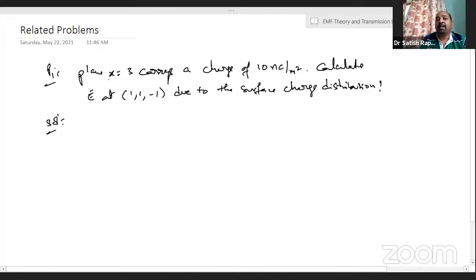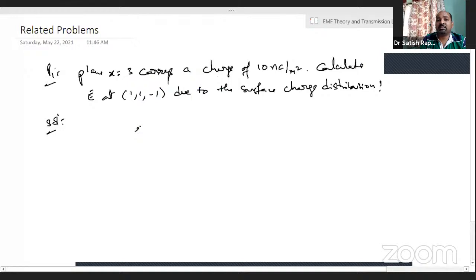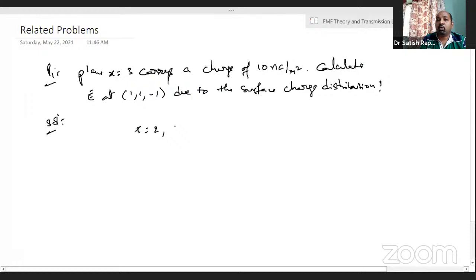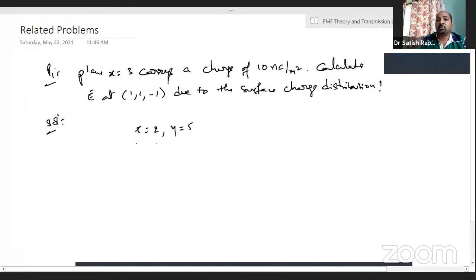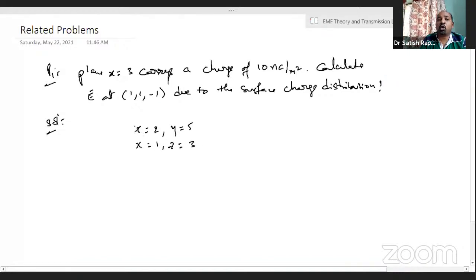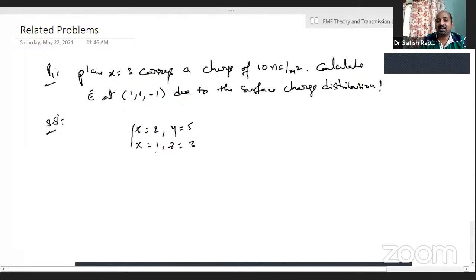So the plane x equal to 3 carries a charge. So x equal to 3 is a plane. Earlier for a line charge, how is it indicated or how is it located? x equal to 2, y equal to 5, or x equal to 1, z equal to 3, like that, with two coordinates, a line is represented.